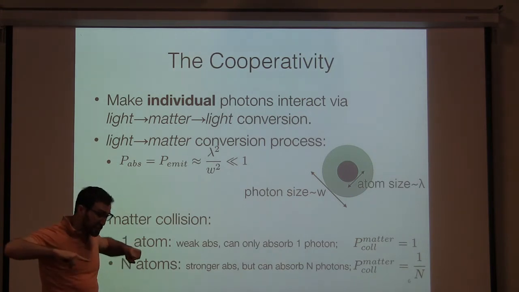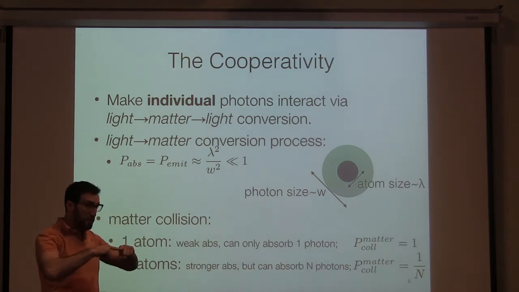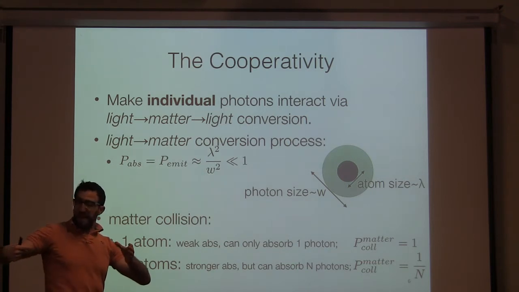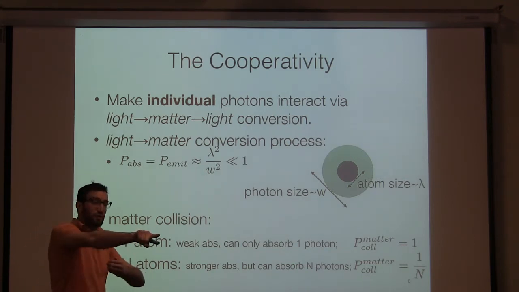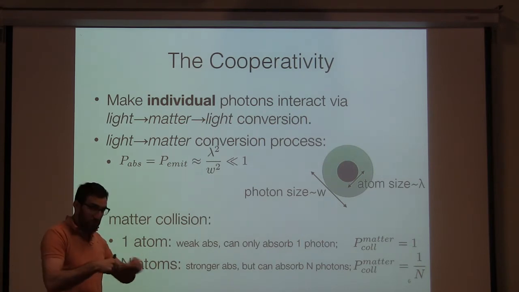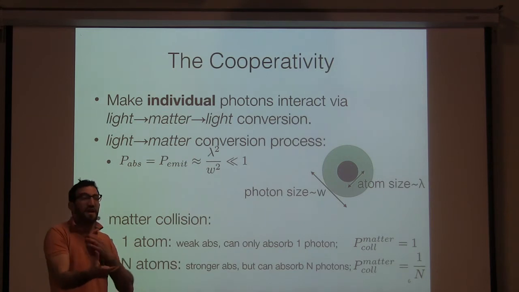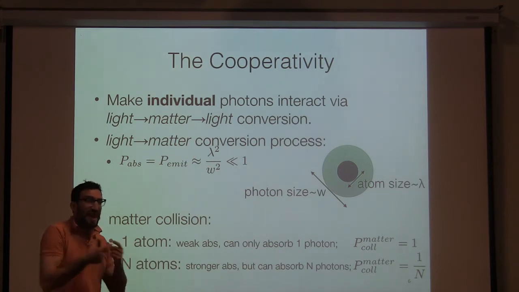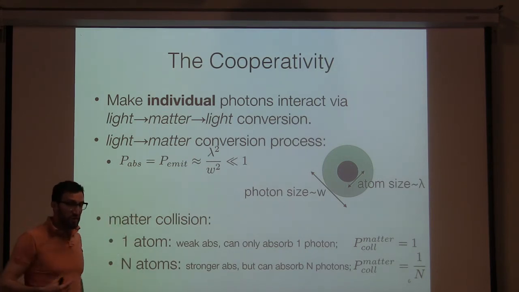If I send two photons past an atom, and the atom absorbs the first one, then the second one goes through. If the atom absorbs the second one, then the first one goes through. You can see that this is kind of a collision between the photons. If the atom weren't there, they would both just go through. So this is a minimal example of something that would provide a collision.